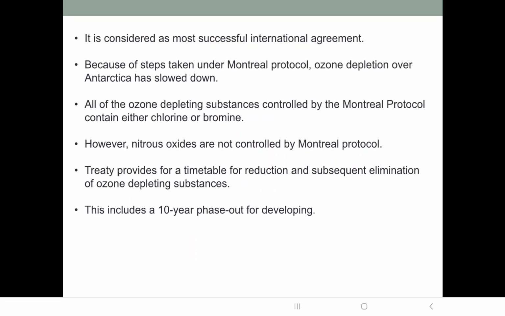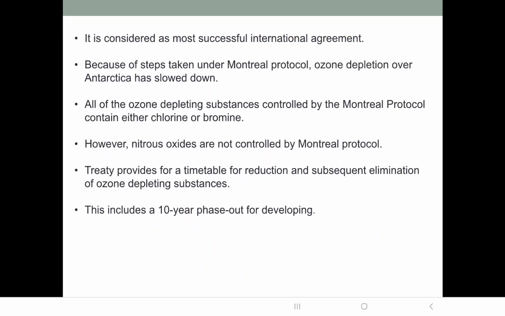So there is a mandatory timetable. You should remember that there are many international agreements which are not obligatory or compulsory to follow, but the Montreal Protocol has a timetable which is mandatory. If a party is signatory to this agreement, then it has to obey the target set by this protocol.